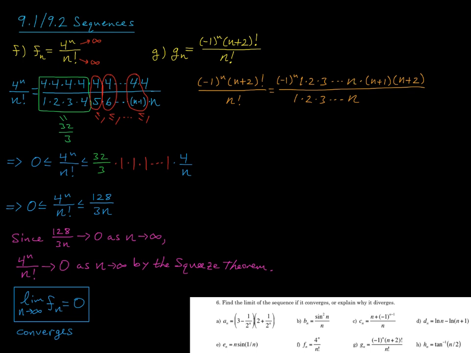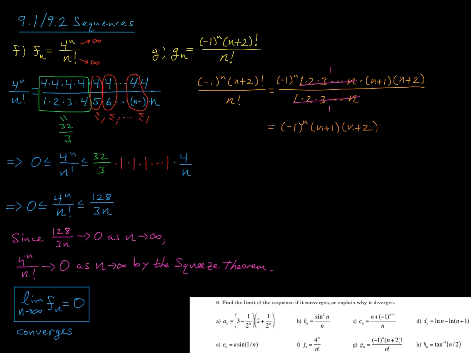Notice I've included the n and the n plus 1 there just to emphasize what's going on in the next few steps. Downstairs we've got n factorial, so that's 1 times 2 times 3 up until we get to n. Now the 1 times 2 times 3 up to n are going to divide out, which is great. And this leaves us with negative 1 to the n times n plus 1 times n plus 2.